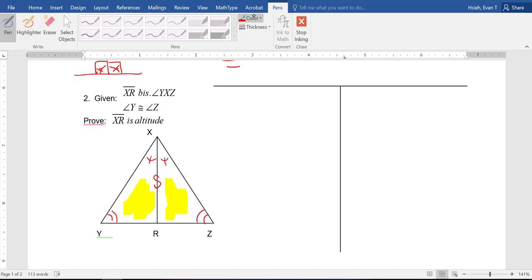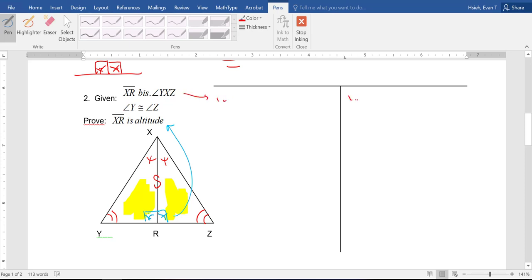And then by CPCTC, I can get that this angle is congruent to this angle. And we know that they're supplementary because if they're straight angles, then they're supplementary. And then you can say that they're right angles. And then from there, you can say that it's altitude. So let's go ahead and write this out.